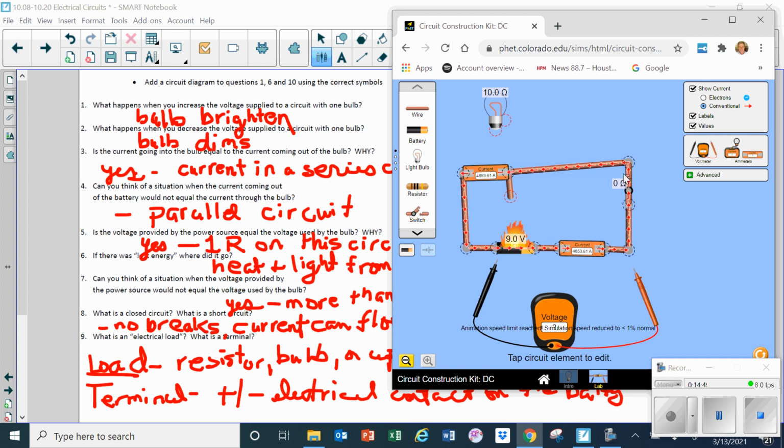So a tremendously strong current here, because I have no resistance for this 9-volt battery. So a lot of current, and so I get a fire here because I get heat and friction. So this is a short. Here is a circuit with little or no resistance, no resistor. Therefore, you have extremely high current values. So this is a short circuit.